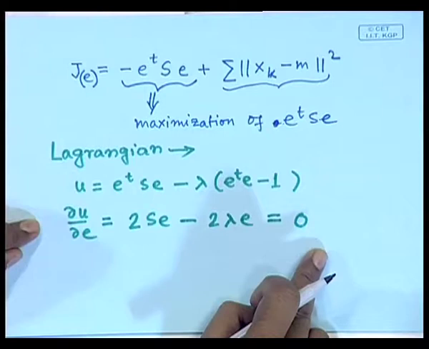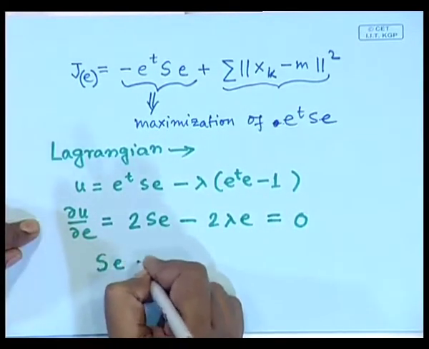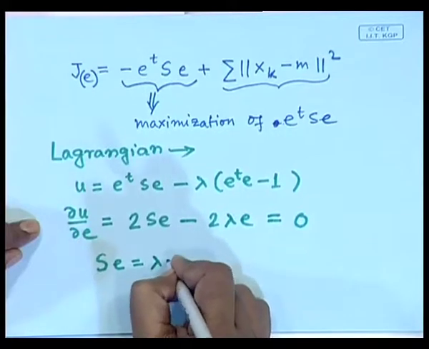So, if I equate this to 0, I get the simple expression S E is equal to lambda E.